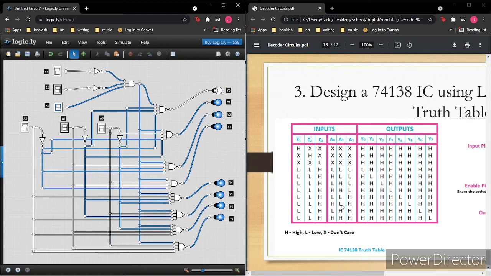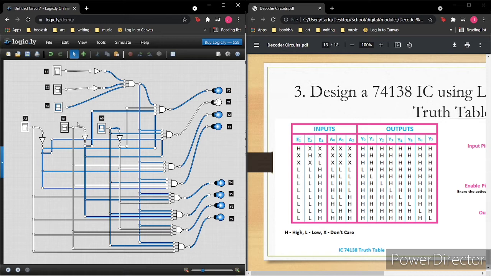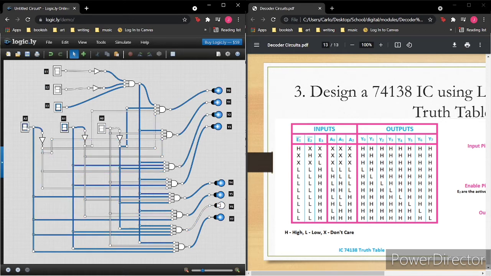The next is A2 is high, Y4 is low, and A0, A2 high, Y5 is low, A1, A2 is high, Y6 is low, and when all A inputs are high, Y7 is low.